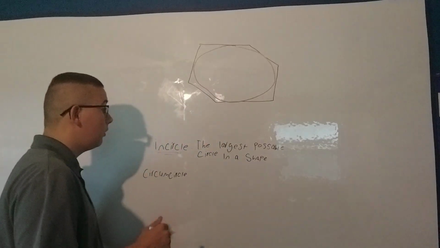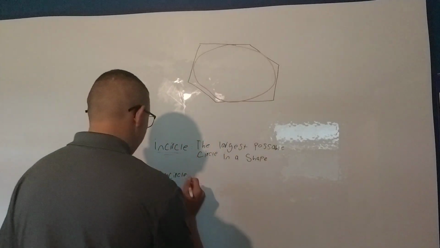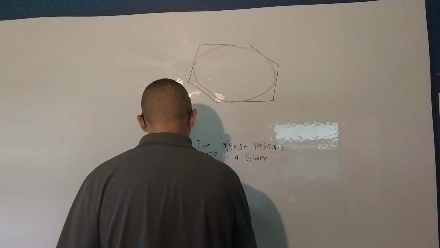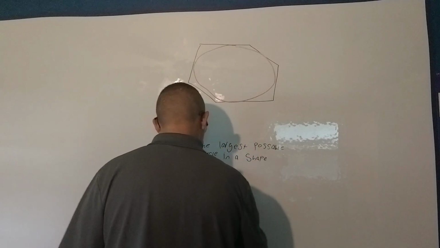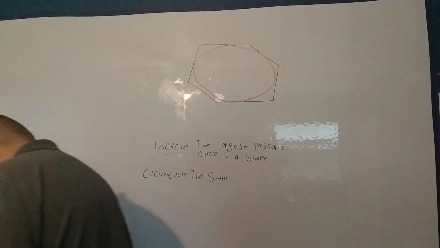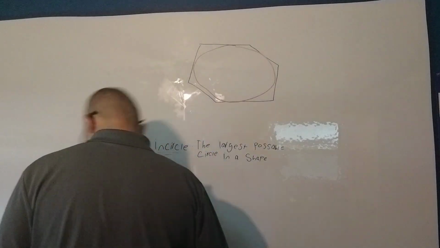The circumcircle, again, if you remember from chapter 5, is the smallest possible circle. Not the smallest. Let's see.